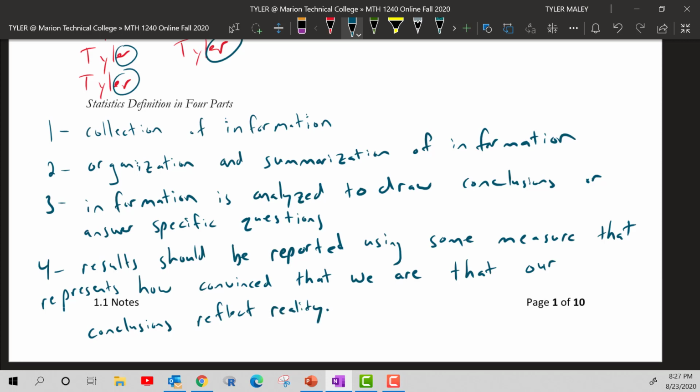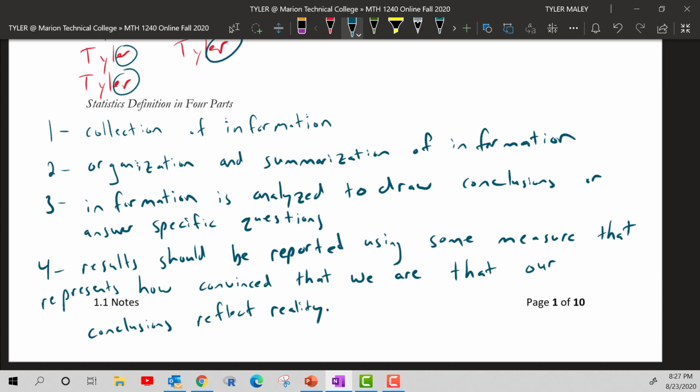So these break down different parts of statistics. First, we need to collect the information, and how we collect that information can actually influence the other parts. We can look at different ways to collect information and how there might be what we call a statistical bias present. Then after we have this information, we need to organize and summarize it, basically doing descriptive statistics.